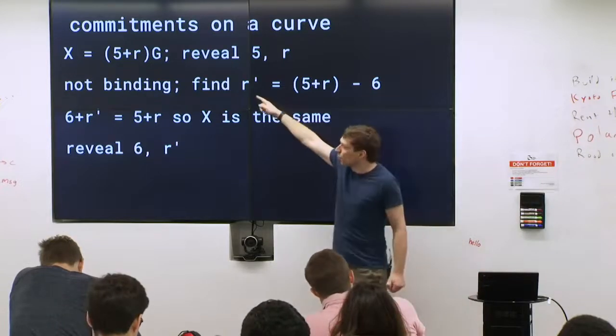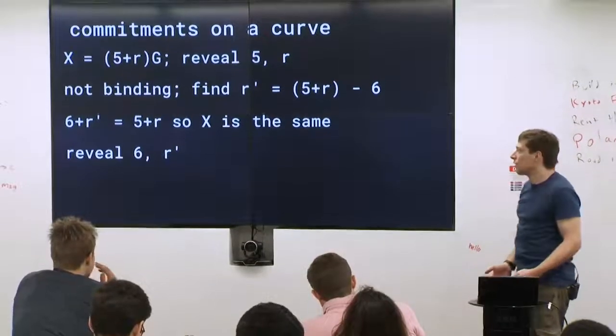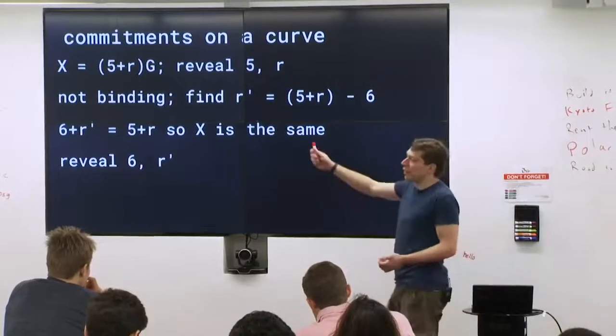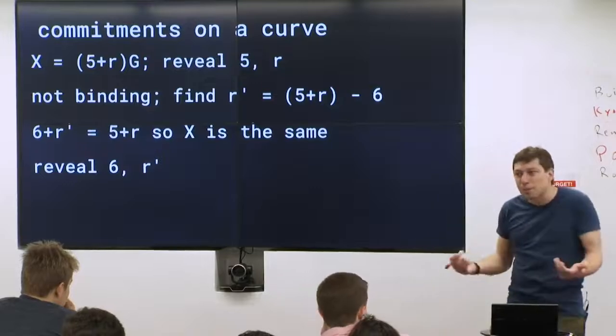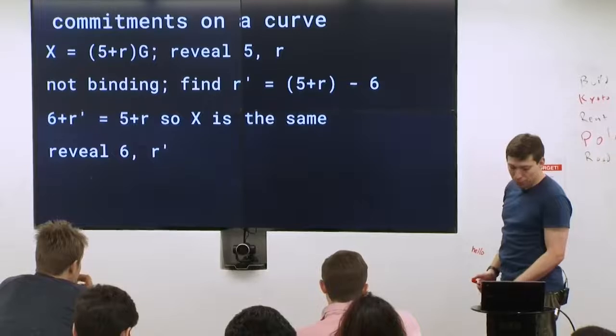I can just compute whatever r prime I want and whatever number I want to reveal later. So this isn't binding anymore, right? I'm now adding a random thing in, and I'm committing to the sum of the thing I want and a random thing, but it's not binding because that addition I can play with.